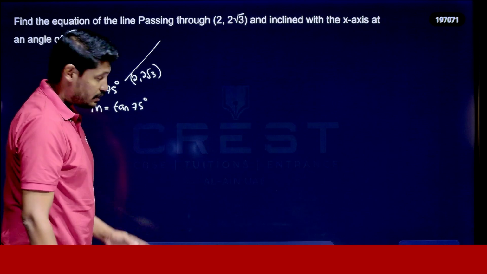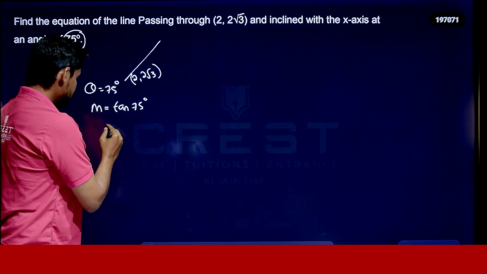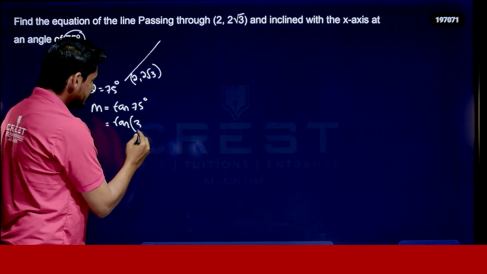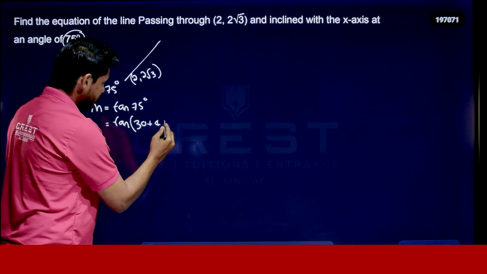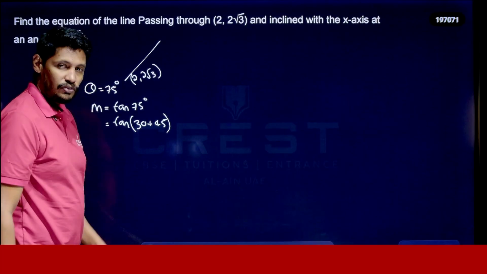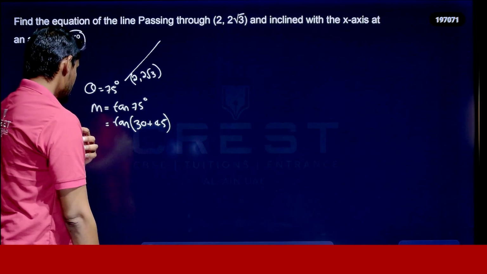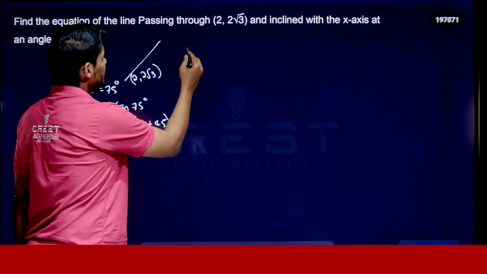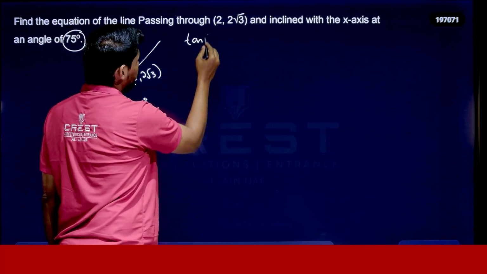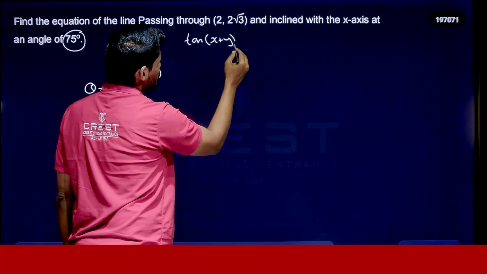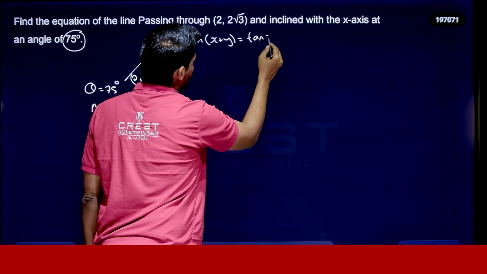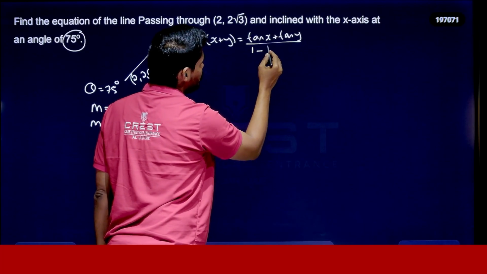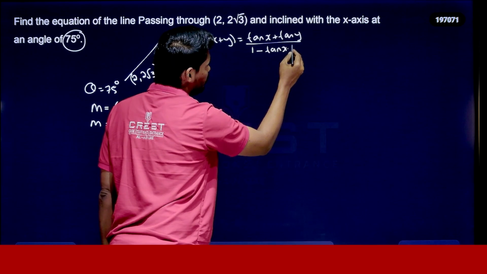75 degrees is not a basic angle, so you have to convert it into basic angles. This can be written as tan of 30 plus 45, because 30 plus 45 is 75 degrees. And we have already studied in our trigonometry what tan of x plus y is. Tan of x plus y is tan x plus tan y whole divided by 1 minus tan x into tan y.